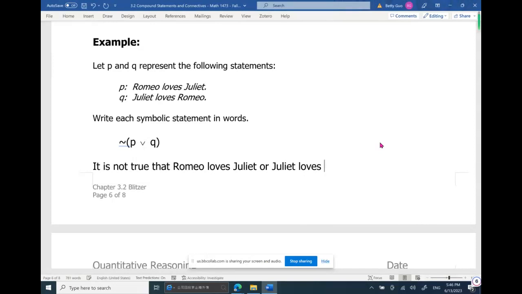Julia loves Romeo. And that's how we describe the common statement represented by this symbolic notation in words in English. It's not true that Romeo loves Julia or Julia loves Romeo.